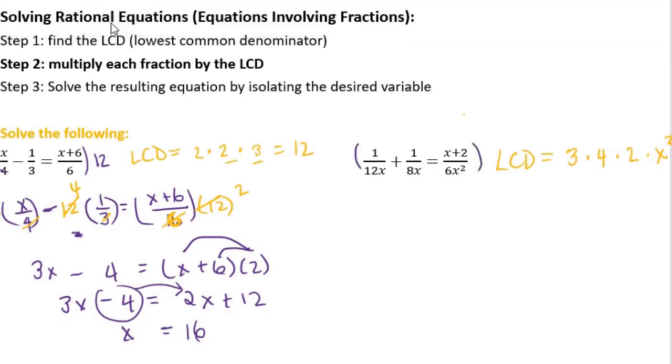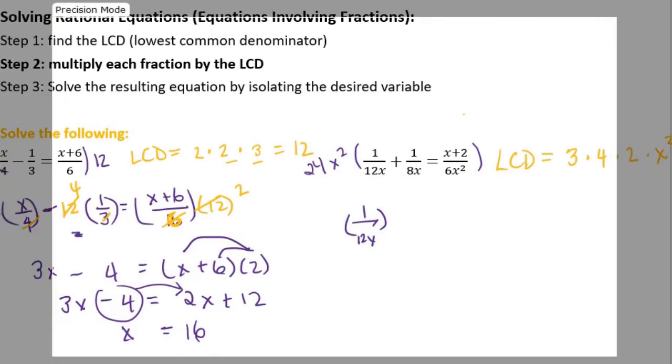So to save some space, I'll just write it once, 24x squared with brackets around the entire equation. So I'll want to take that 1 over 12x and multiply that by 24x squared.